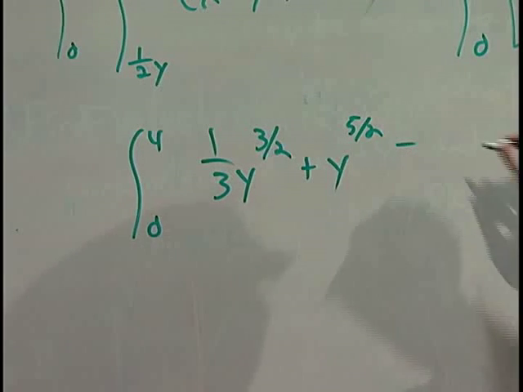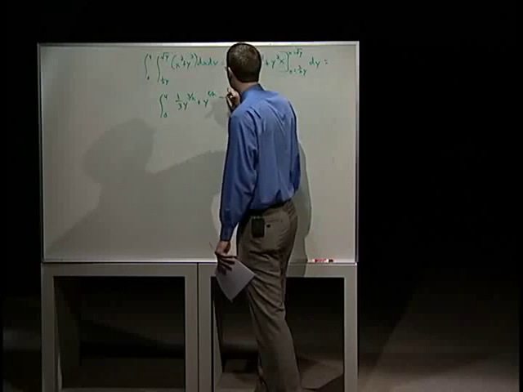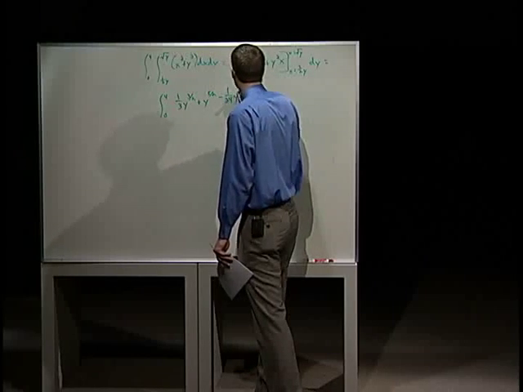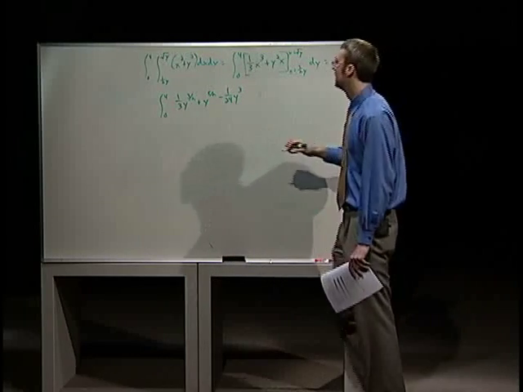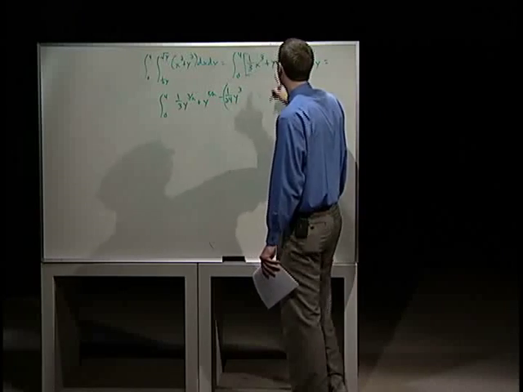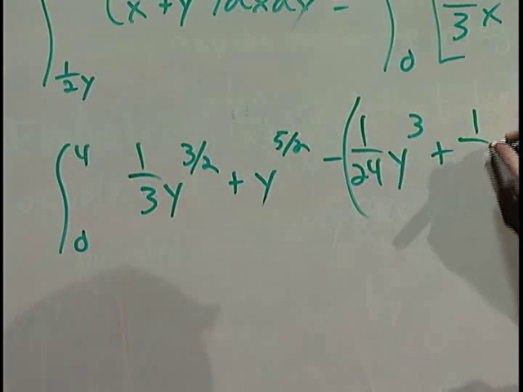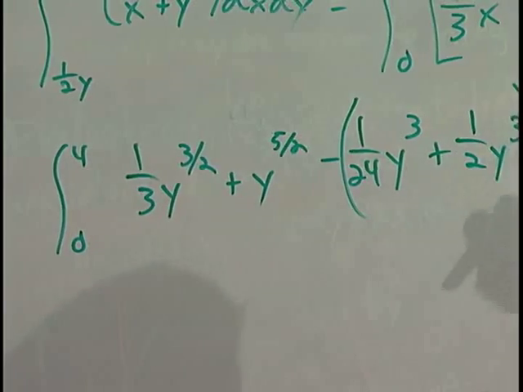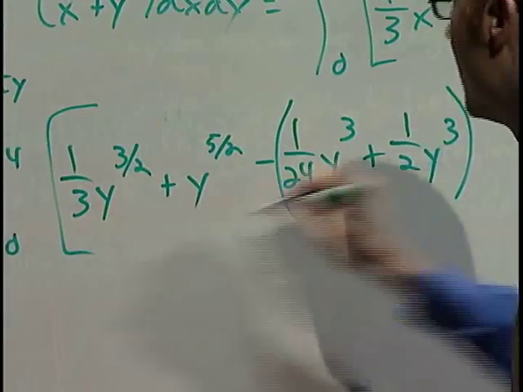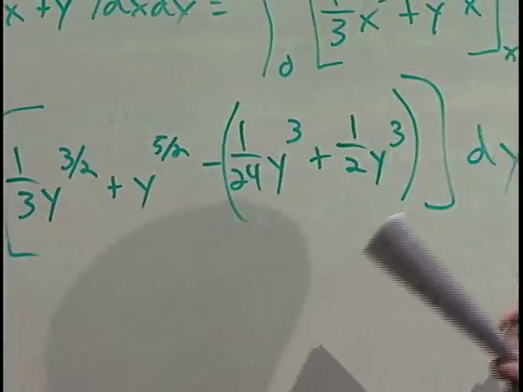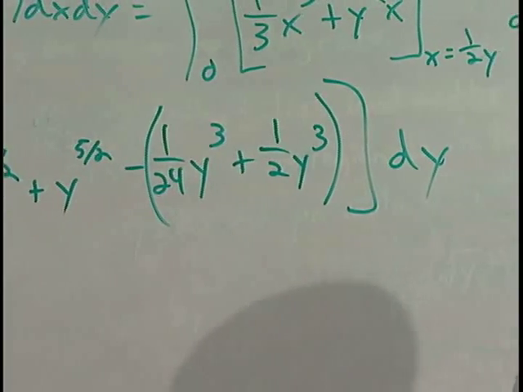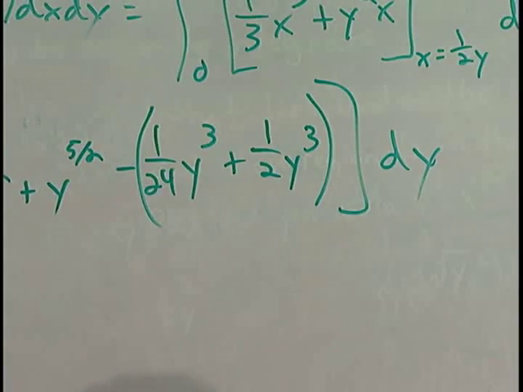And then minus, 1/2 y cubed is 1/8 y cubed, that's 1/24 y cubed, and plugging in 1/2 here, 1/2 y cubed is what you would wind up with. And that would all be in terms of dy. Is that what I've got here? I'm not making a lot of mistakes here. Looks good, okay.